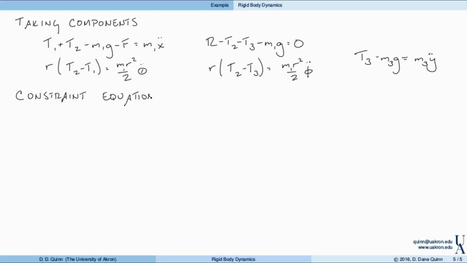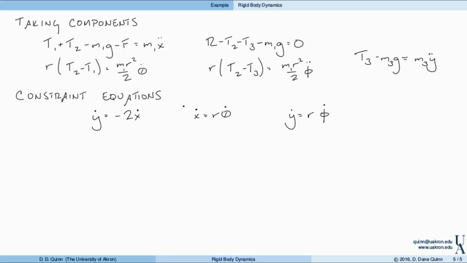So once again, those are y dot is equal to minus 2 x dot, x dot is equal to r theta dot, and y dot is equal to r phi dot.